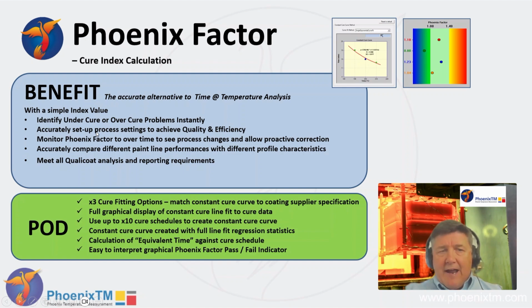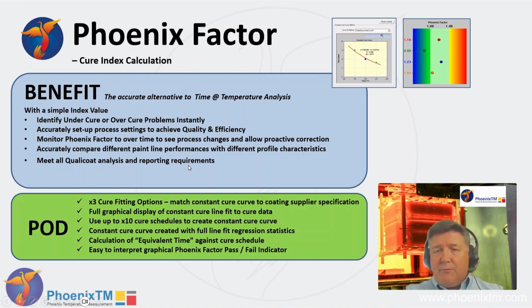This gives accurate setup of process settings to achieve quality and efficiency. You can monitor the Phoenix factor over time. So if your process starts to deteriorate, you will see that by a change in that single Phoenix factor value.